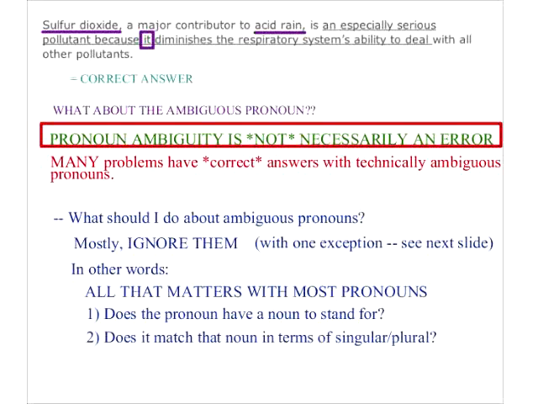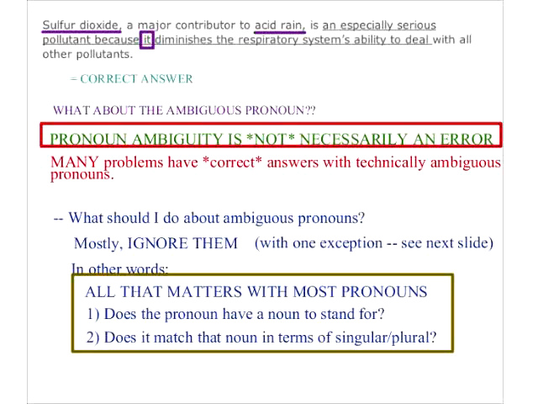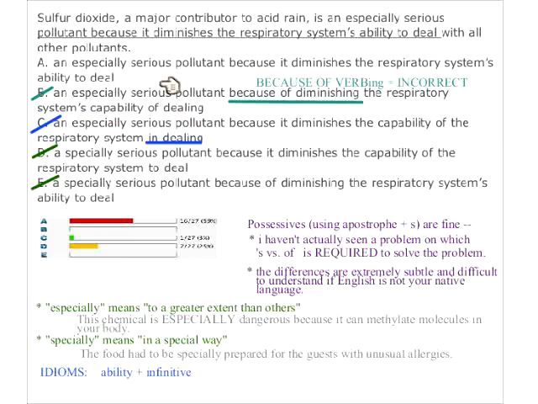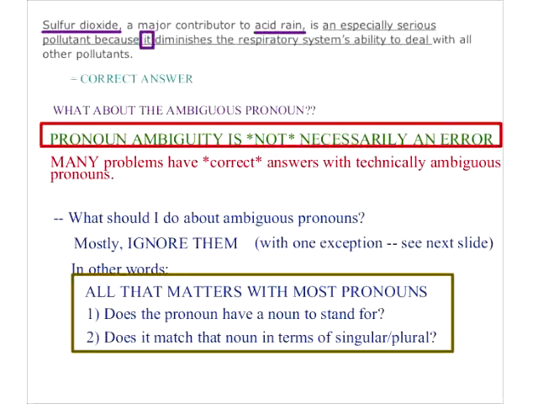As long as these two things are satisfied, we frankly do not care if the pronoun is ambiguous. So in this problem, we have to ignore the ambiguous pronouns. Some people were driven to choose choices like B and E because they wanted to get rid of the pronoun. Make sure you don't.